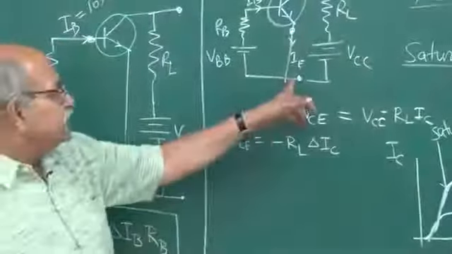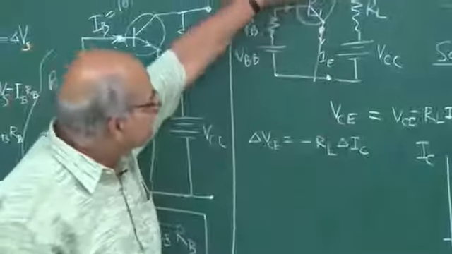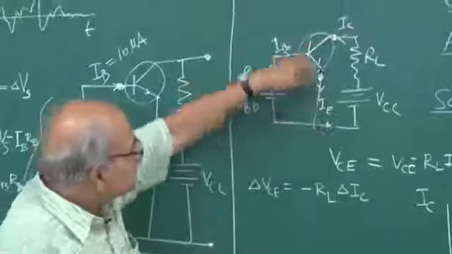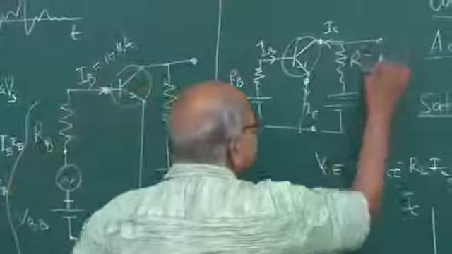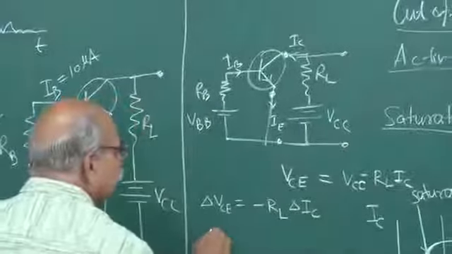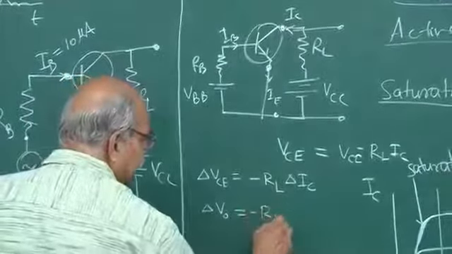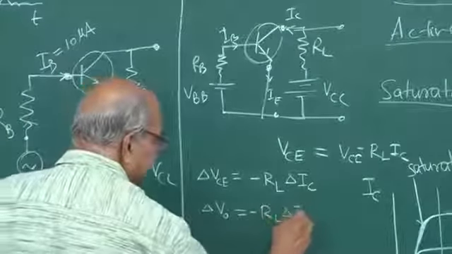VCE is the voltage between collector and emitter. Here is the collector and here is the emitter. This is the output voltage. So VO or delta VO, the output voltage, is minus RL times delta IC.